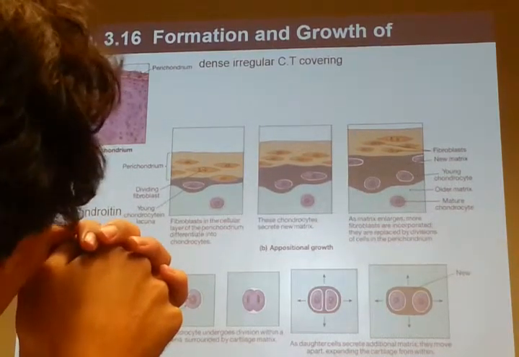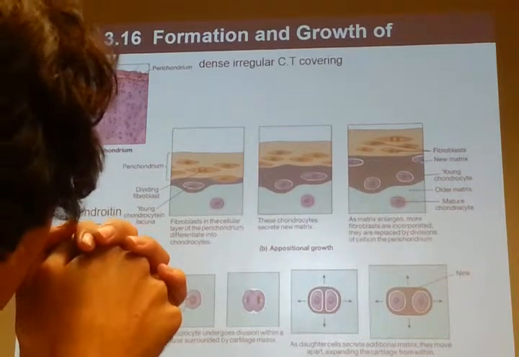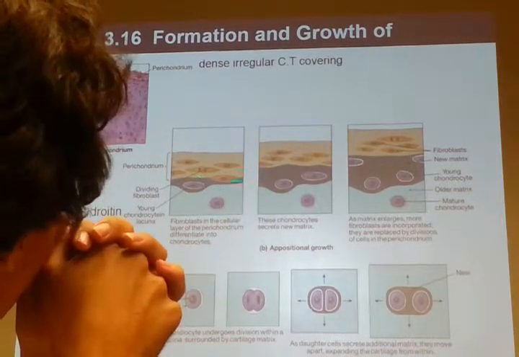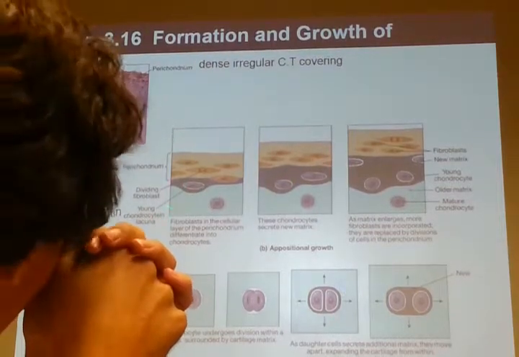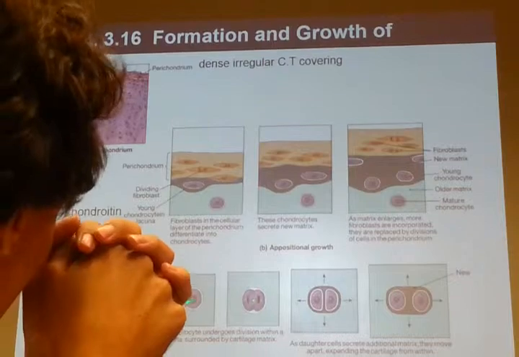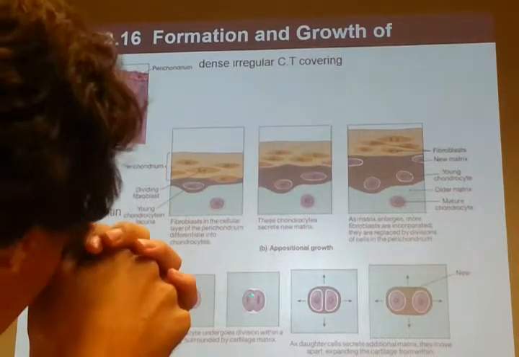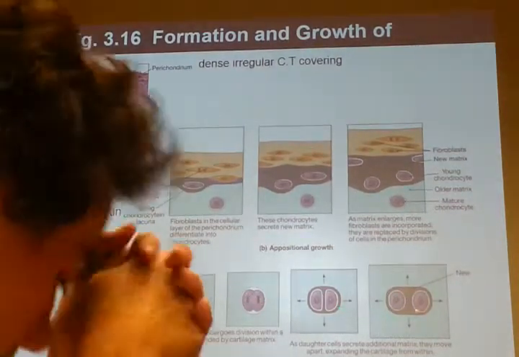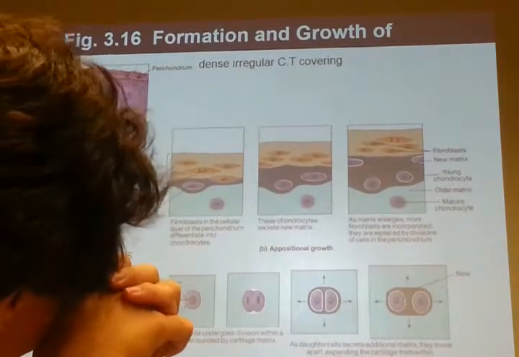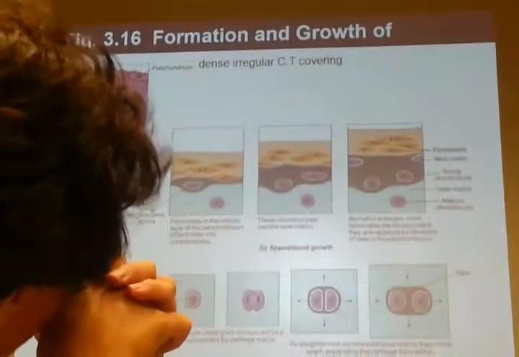It was a chondroblast, and then it secretes its own matrix, and then it becomes a chondrocyte. As it secretes the matrix, it pushes its neighbor away, and then you start to see the matrix in between all these dark staining nuclei.